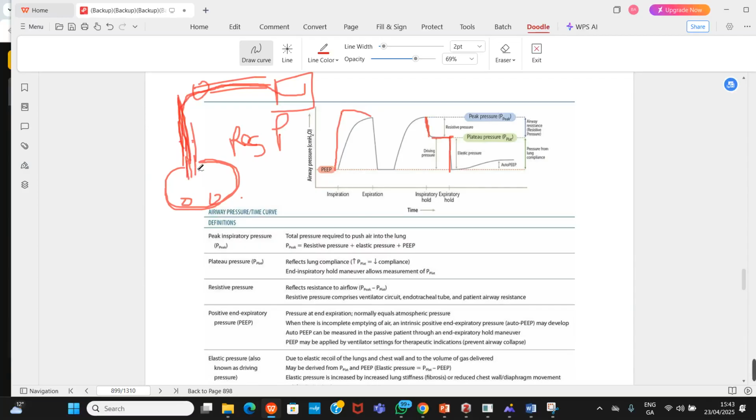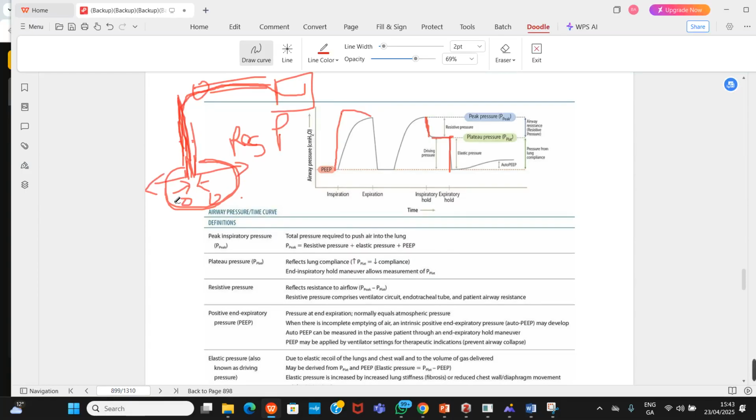Now the second pressure that needs to be overcome before you can get air into this lung is the compliance pressure. Let me explain that. If we get air into this system, the lung is an elastic tissue, don't forget. It will want to recoil on itself, so we need a pressure to expand it.